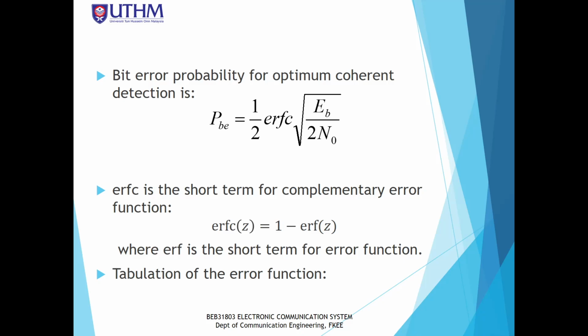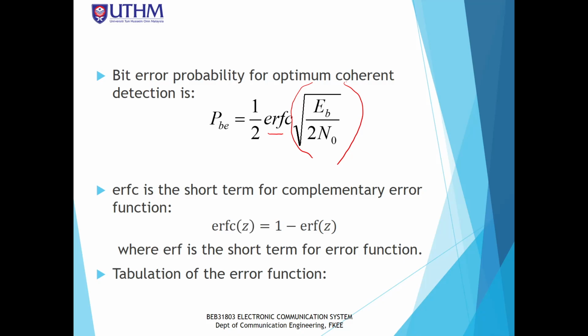And what about the bit error rate? For the bit error probability, PBE is calculated as 1/2 the complementary error function of the square root of Eb over 2 N0.